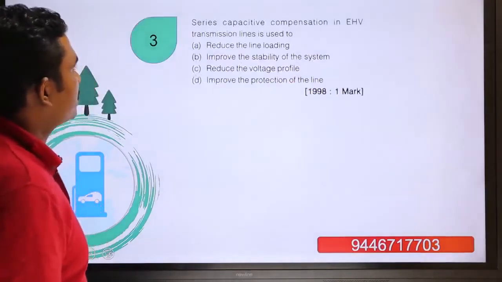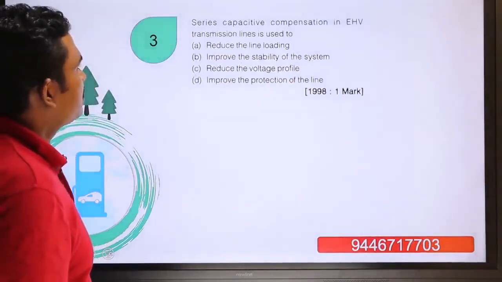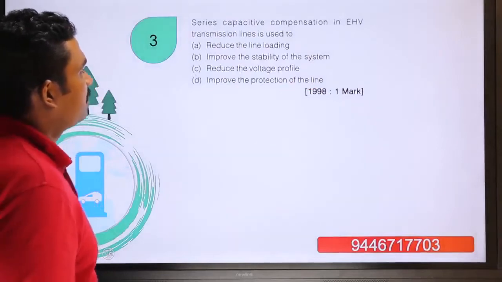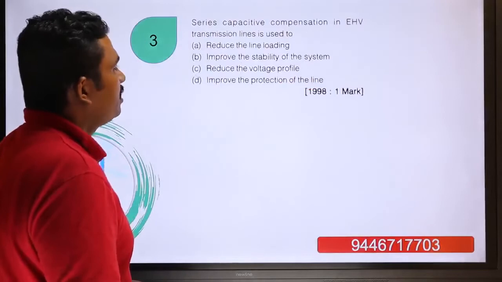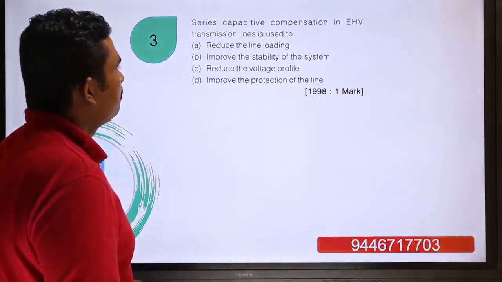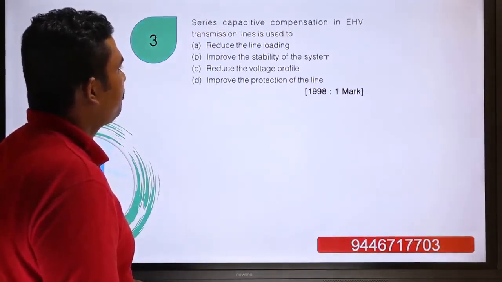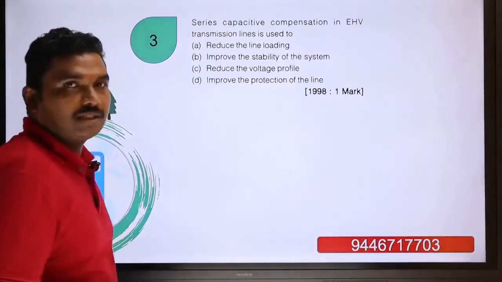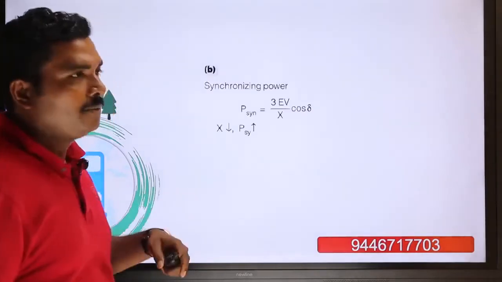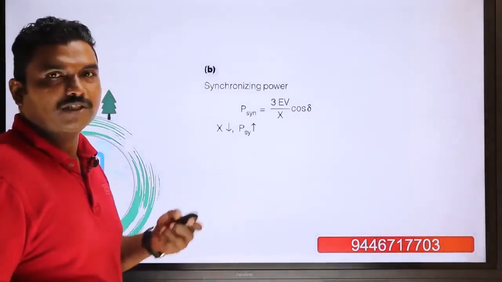Now moving into the next question, question number 3. Series capacitive compensation in EHV transmission lines is used to reduce the line loading, improve the stability of the system, reduce the voltage profile, improve the protection of the system. So I have given you advantages and disadvantages with respect to the series compensation and also the shunt compensation.